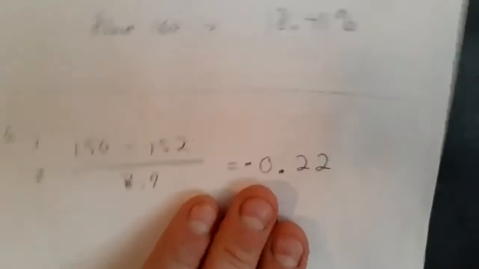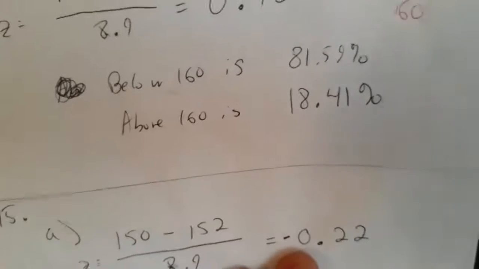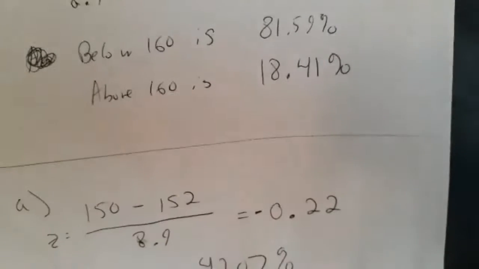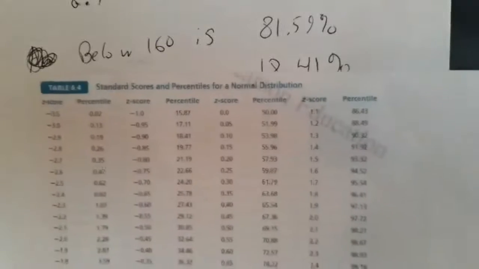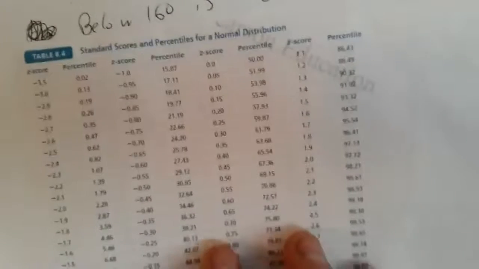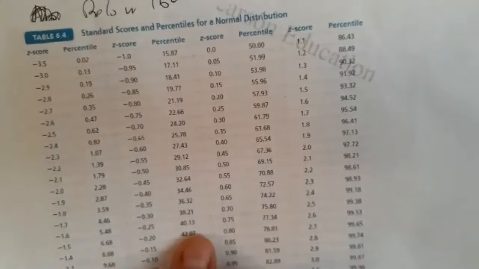And if we go look at minus 0.22 in our table, I think that's probably closest to minus 0.20. So this says somewhere around 42.07.